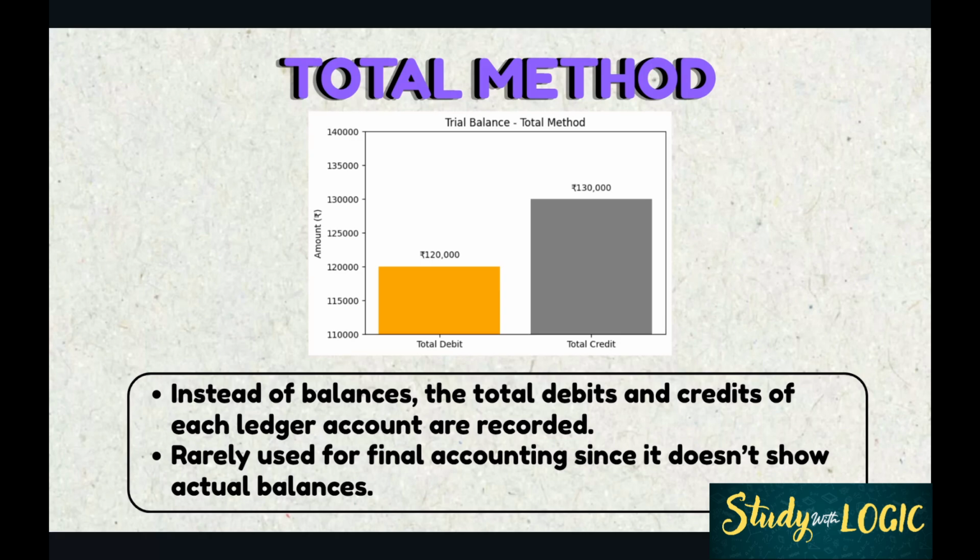In case balances of both sides are not equal, then it indicates the existence of a few errors which need to be identified and corrected. So it is always important that total debit and total credit match. If they do not match, it means that there might be some error in the entry or some error in taking the information from the ledger and posting it into the trial balance. So we have to check and do it again.